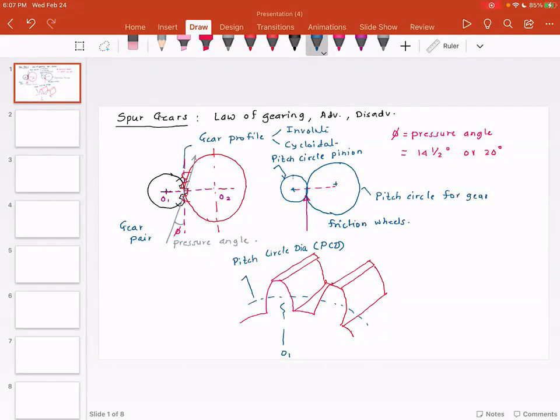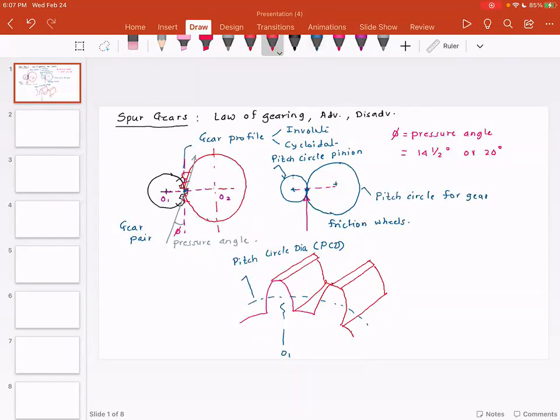In other words, these two pitch circles mesh at this location where the gear pair is coming in contact. Now, the pitch circle diameter is the diameter of this imaginary circle.